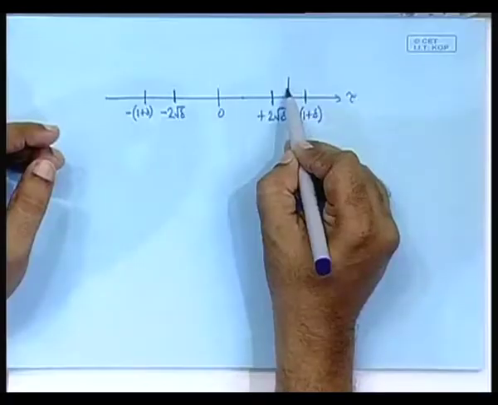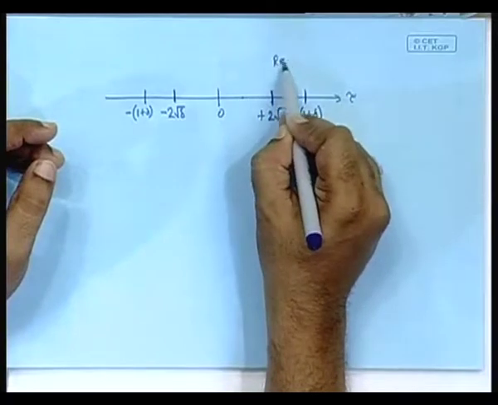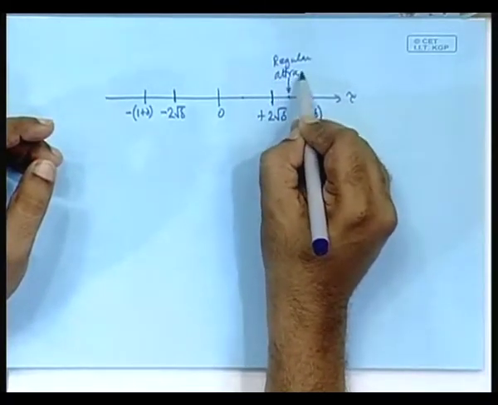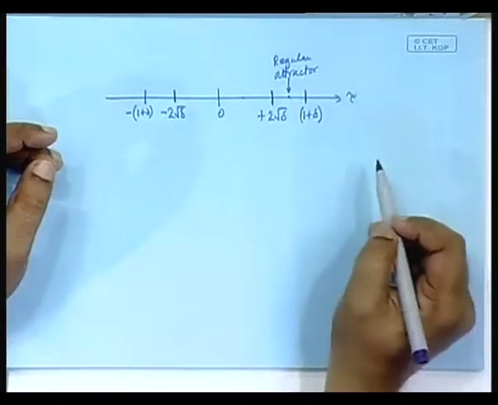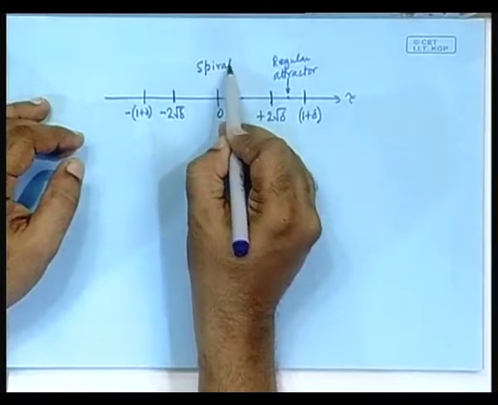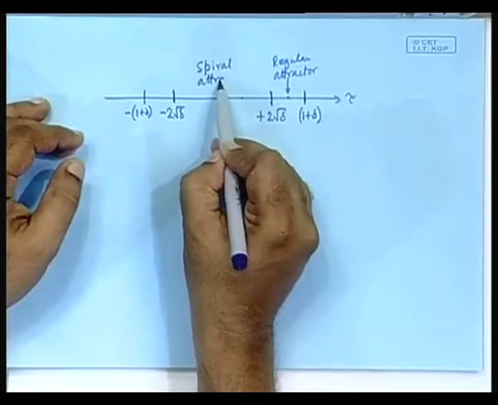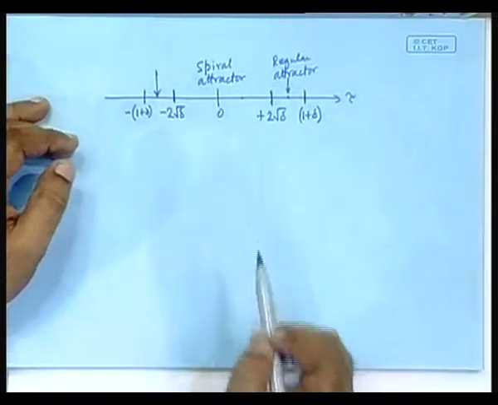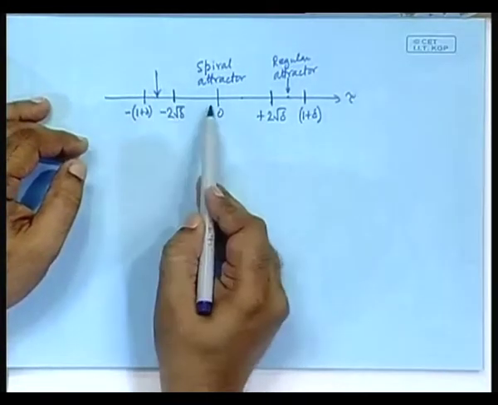So, in this part I will say regular attractor. In this part I would say spiral attractor. In this part I would say what is it? Negative.